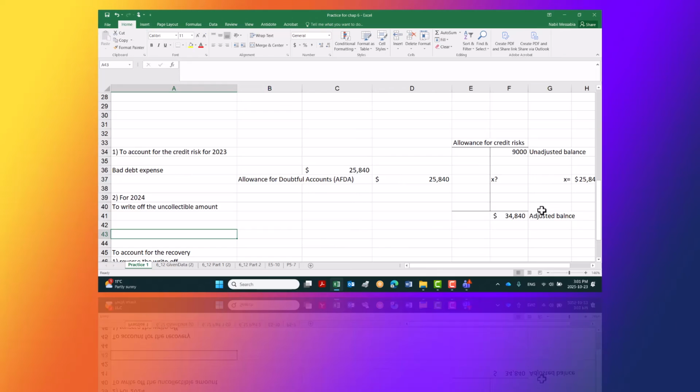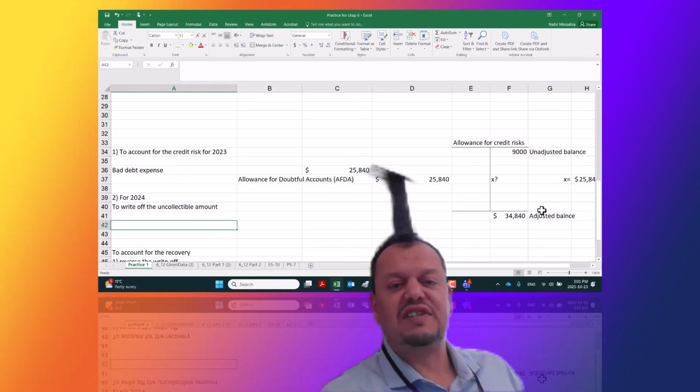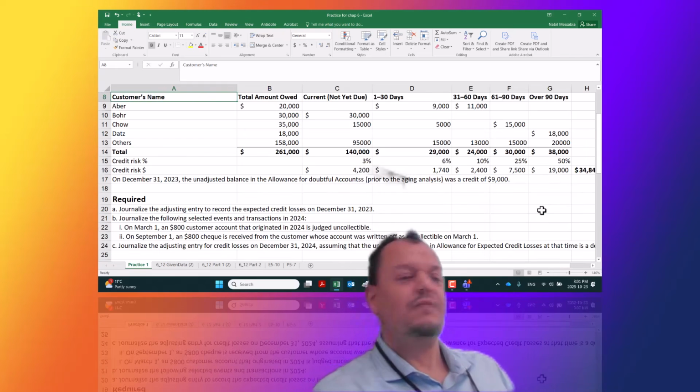What happens is that the loss has already been provisioned in advance when we made the journal entry. When we made the journal entry, this bad debt expense covers all the losses in advance. You remember, how did we get the $25,000? Based on percentage of losses, right?